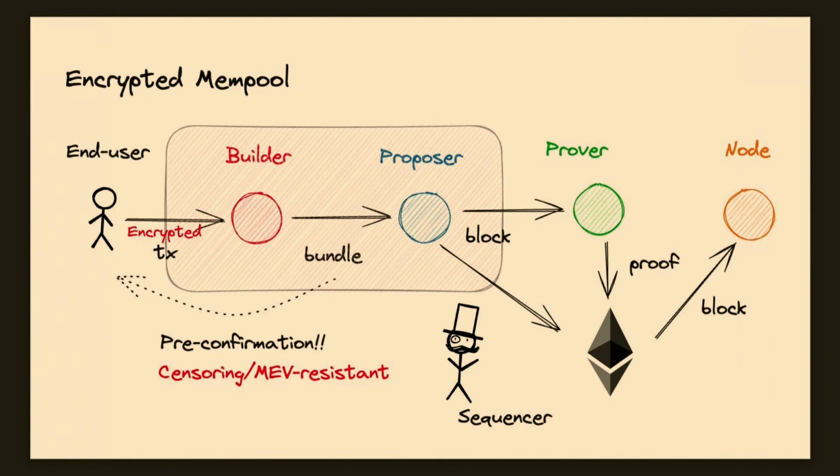MEV is all about how to order transactions, so we basically use encryption to hide the contents of your transactions from these MEV searchers, so no one can see your contents. And if we encrypt the whole transaction, it also helps the rollup network's censorship resistance. That's why we use an encrypted mempool.